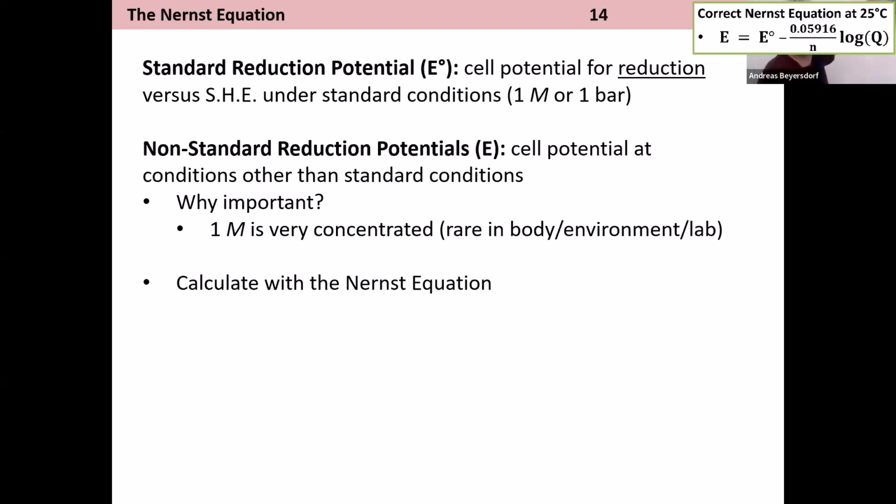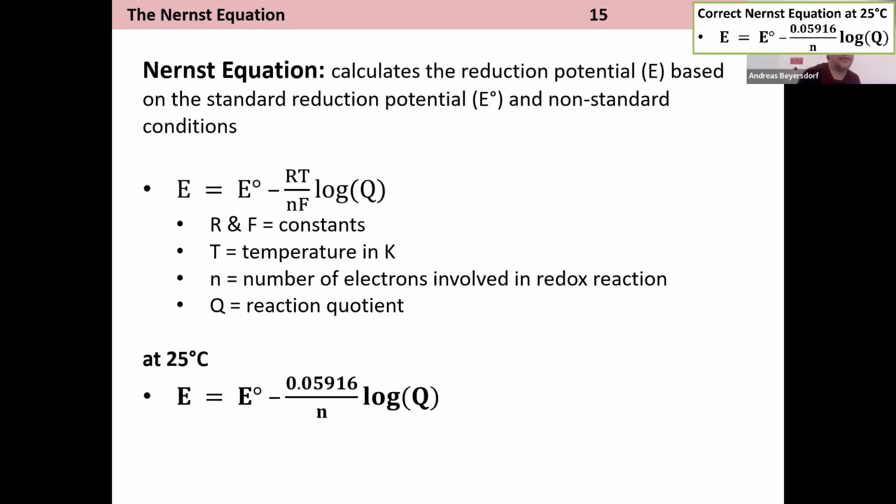And 1 molar is very concentrated, right? In our body, if I had 1 molar Na plus, I would die, right? It's very concentrated. So usually what we do is we have to use something called the Nernst equation. So the Nernst equation says that E, the reduction potential, is equal to E naught, the standard reduction potential, minus RT, where R and T are constants.